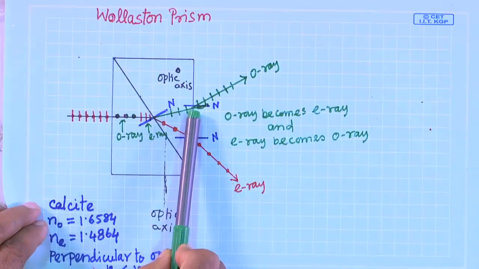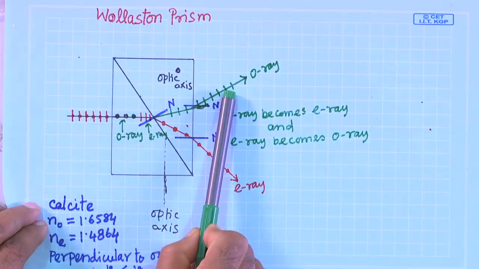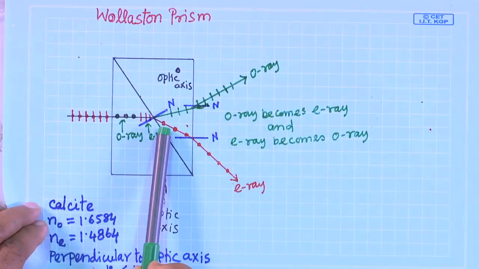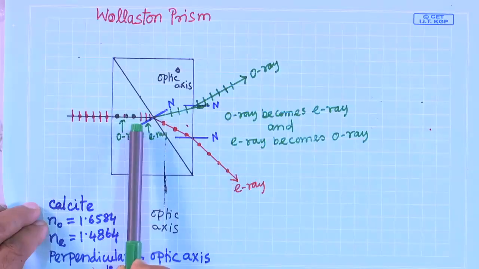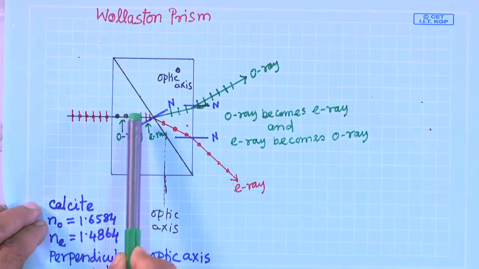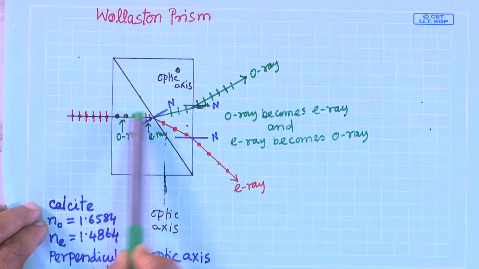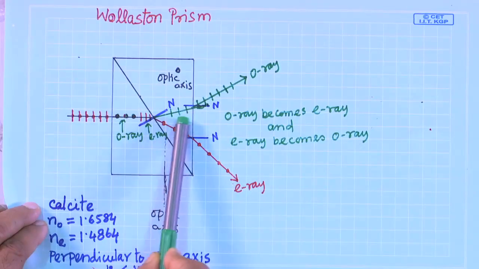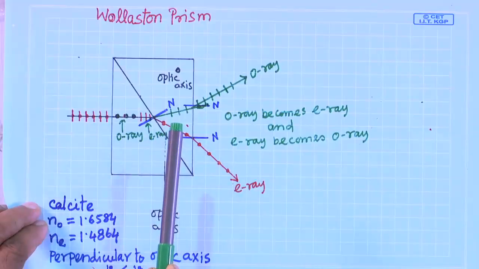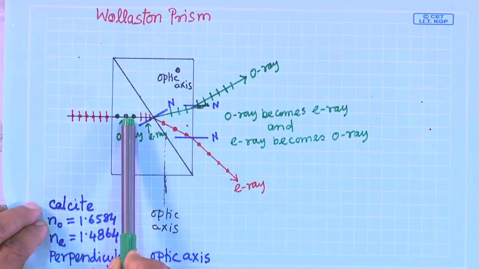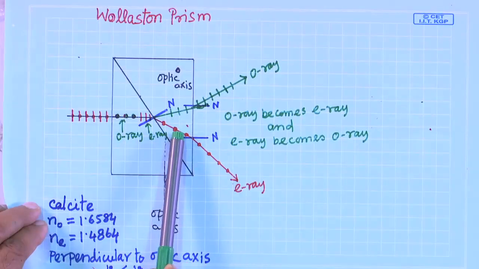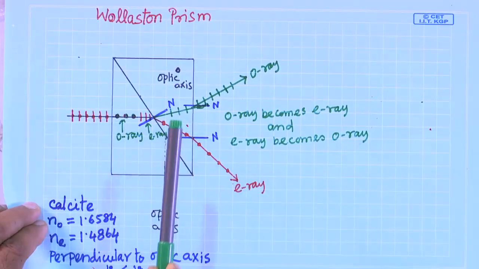Also in this case, they are moving in a direction perpendicular to the optics axis. Okay. So, here what will happen, this O ray, that is the electric component. Okay. Now, when it enters here, this electric component, in this case, is perpendicular to the optics axis, but in the other case here it is parallel to the optics axis.